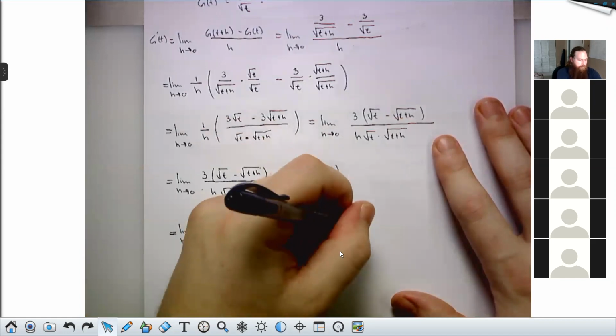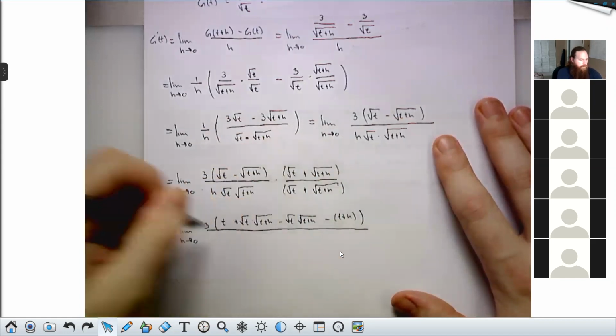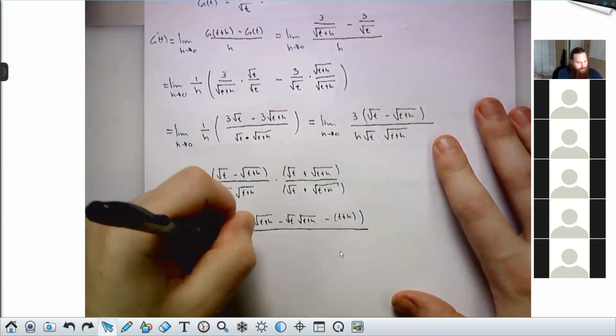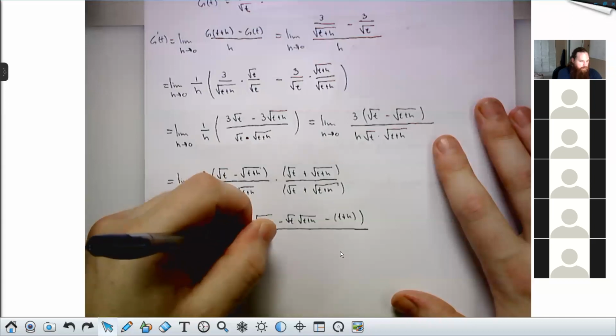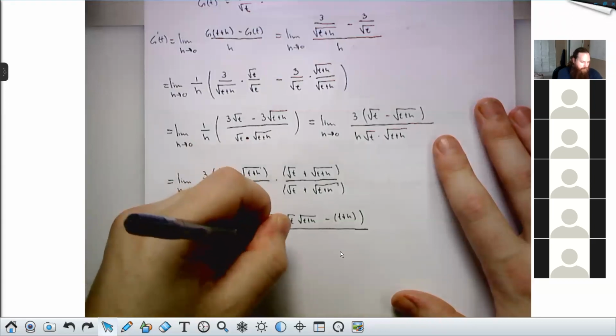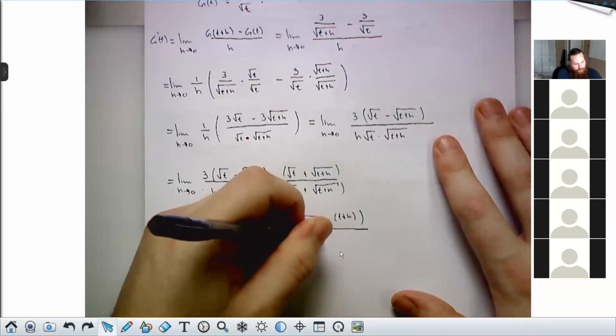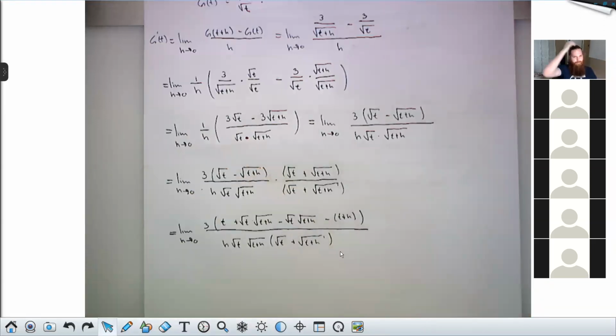So there's the top FOILed. And the bottom is h root t plus h times root t plus root t plus h, like so. And the nice thing is that the middle terms add up to 0.